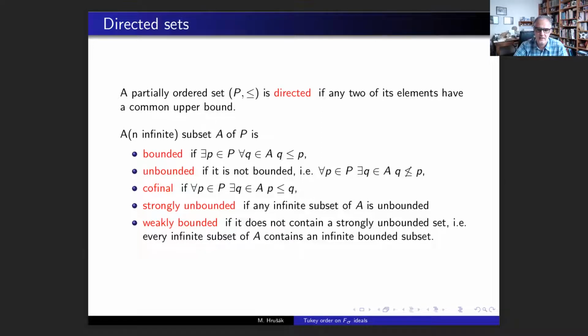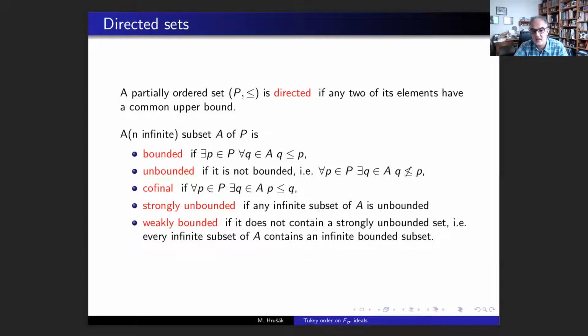A subset of the partial order is cofinal if every element of the partial order is dominated, is below an element of the cofinal family. Two slightly less common notions are strongly unbounded sets and weakly bounded sets. What does it mean to be strongly unbounded in P?